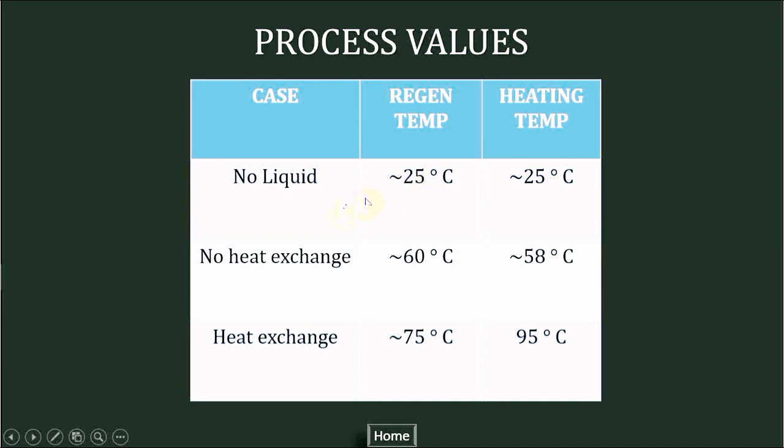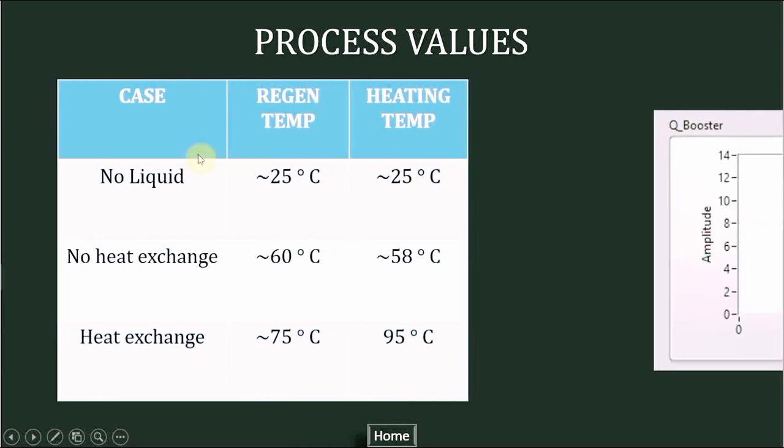If there is liquid but heat exchanging does not happen, then the transmitter will indicate the initial value of the liquid temperature. For the first one it is about 60, and the heating temperature is cooled down a little bit, around 58. Whenever there is heat exchanging, the temperature will increase to the set point.